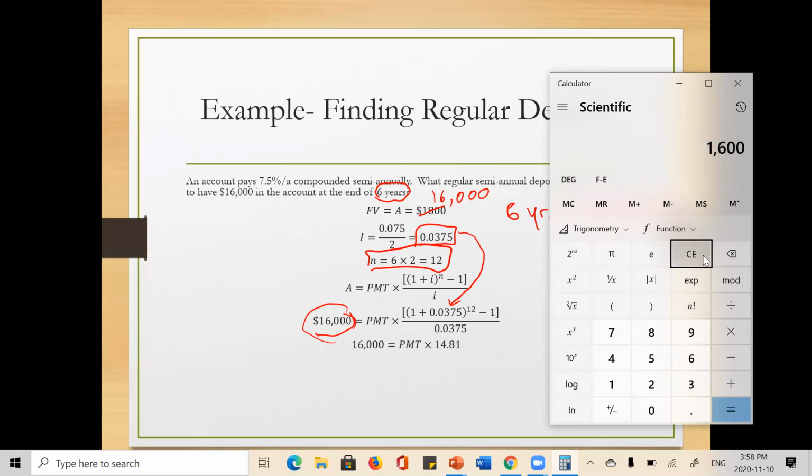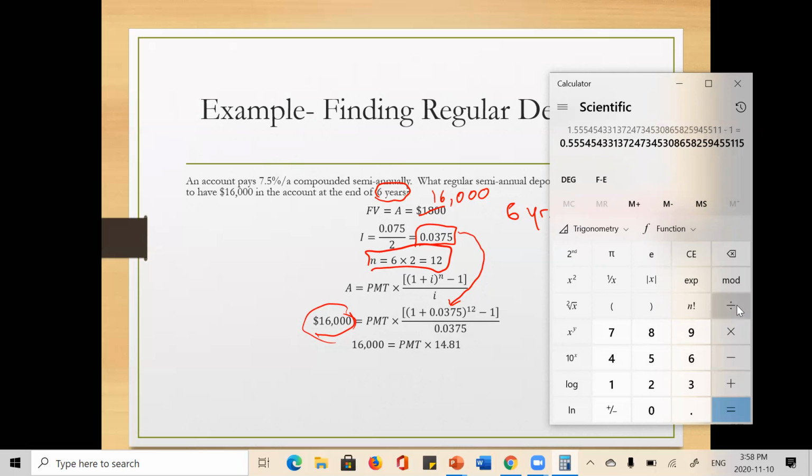And I have 16,000 divided by my memory recall, which is also not the correct answer. I think that after each step, it's probably storing a couple of different memories on here. I'm actually going to press memory clear, so it forgets everything. If you ever want to start from scratch, memory clear. Let's try that one more time. I apologize for this, guys. I did not mean to make this many errors live, but this happens.